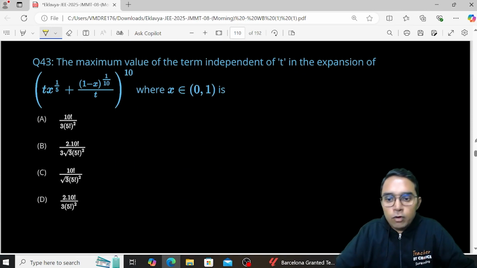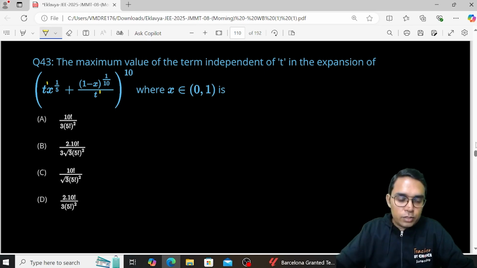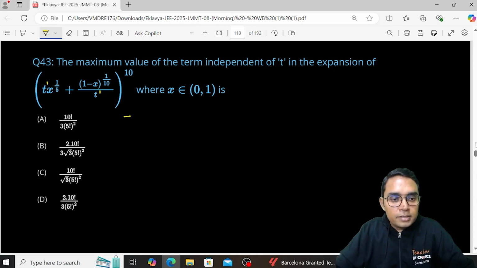The maximum value of the term independent of t in the expansion of this. Okay, now independent term of t means, because both t here and here have power 1 and power minus 1, in the mid term actually, that is given by the 6th term, because it has a total of 11 terms.